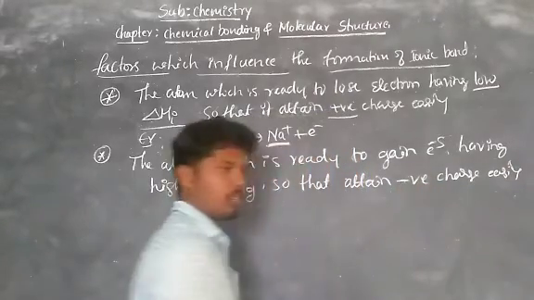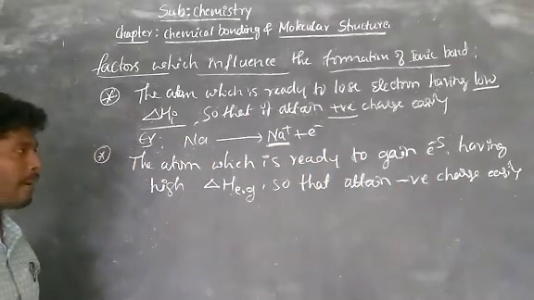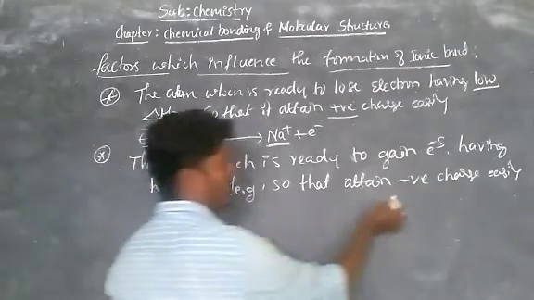Okay, got it, students? I hope you understand what I am telling here. So attain what? Negative charge easily.